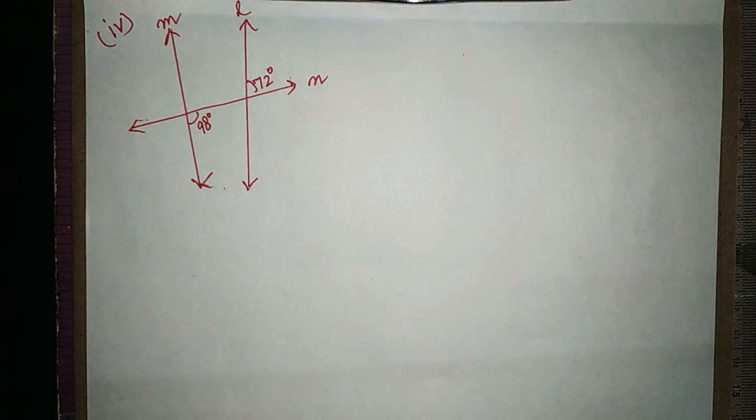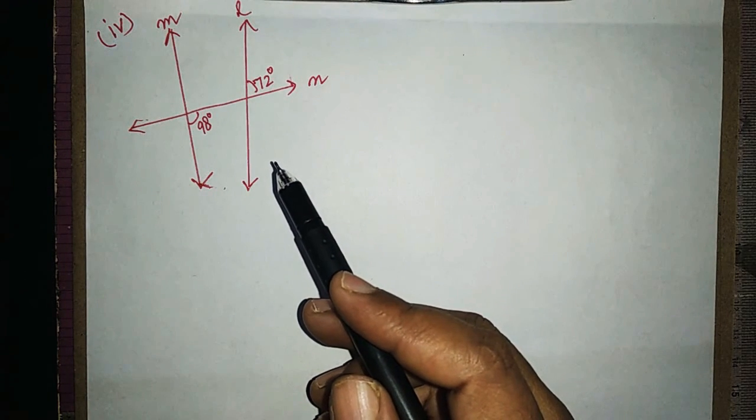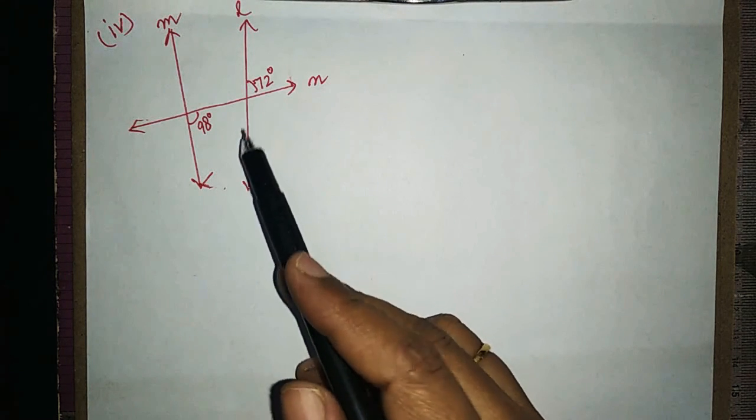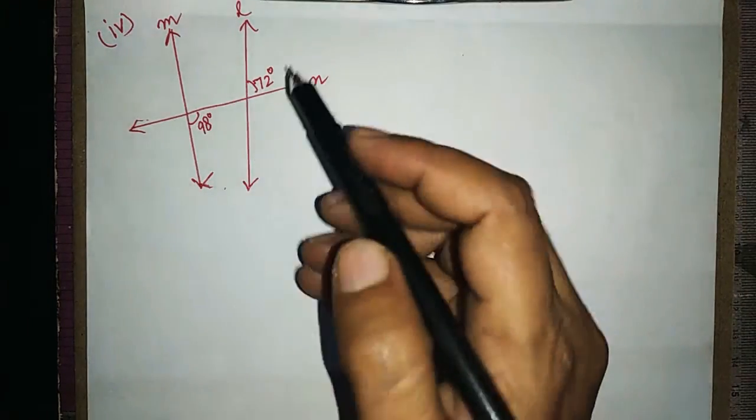Now students, see the fourth part of this question. In this question also we have to tell line L and M are parallel or not. For this question also, we will assume this angle.